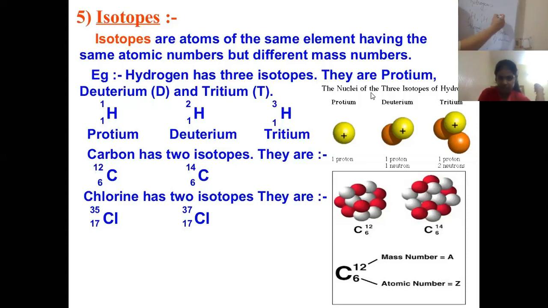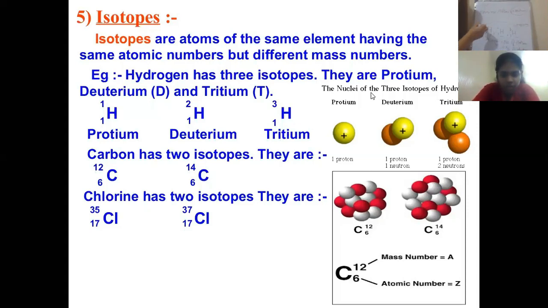The difference is in the mass number, and you know that mass number is the sum of protons and neutrons. If the number of protons in all three atoms is the same, then the difference arises in the number of neutrons.